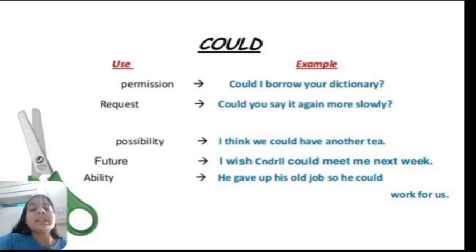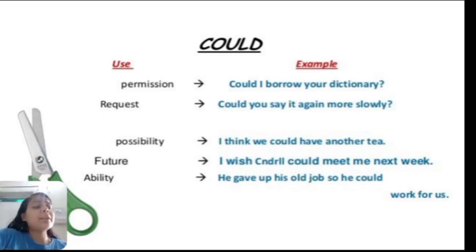For the future, we use could. I wish Sandril could meet me next week. Even for showing ability, we use could. He gave up his old job so he could work for us. Sometimes could is the past form of can. So instead of using can in the past tense, we use could.